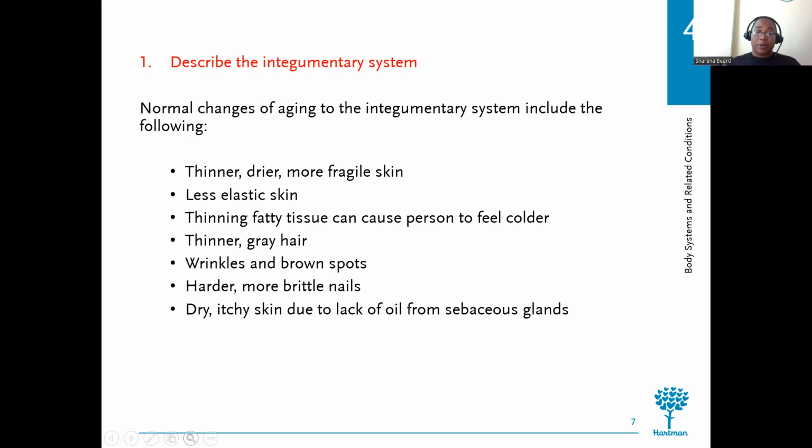Their hair is going to get a little bit thinner. They might get wrinkles or brown spots in their skin. Their nails are going to get more brittle, and their skin really will get a little bit more dry, where you need to use some moisturizer, some lotion, some oil with them, and that's going to help.